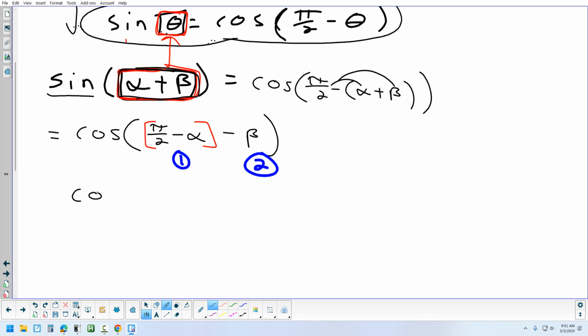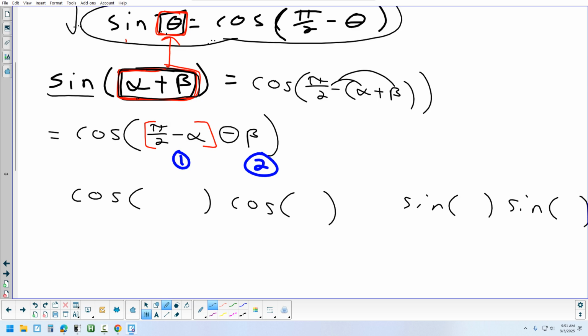All right. So cosine, cosine, sine, sine. This is cosine of a difference. So what symbol is going to go down there? Plus.